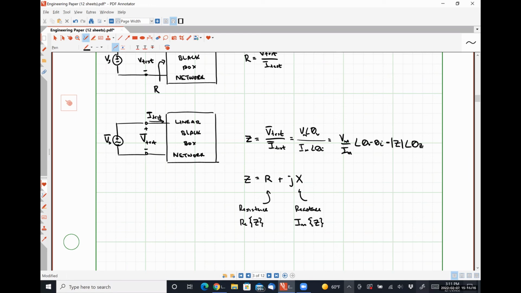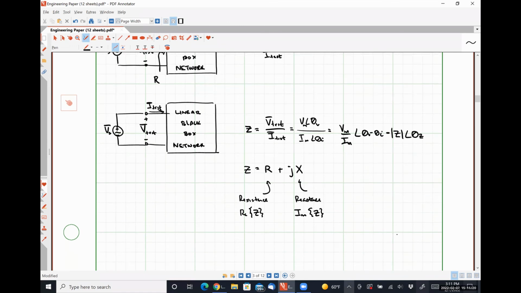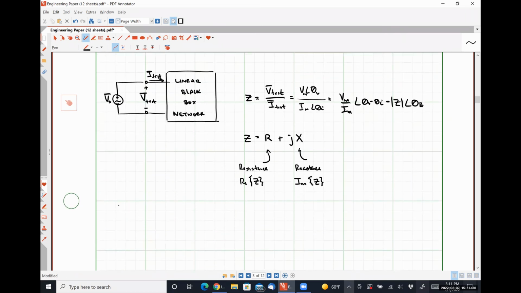So let's determine now the impedances of resistors, inductors, and capacitors. So go back in your notes, one page or whatever, and look at our phasor relationship for resistors, right?